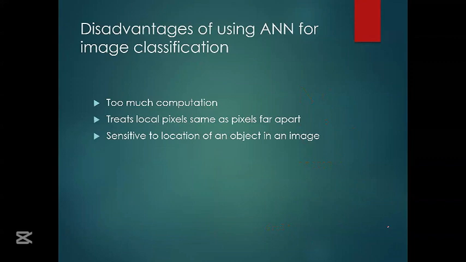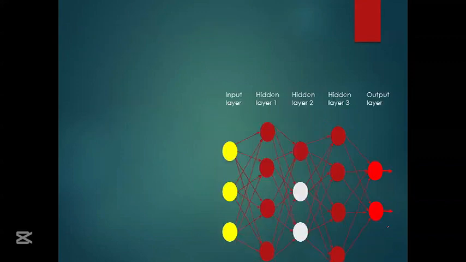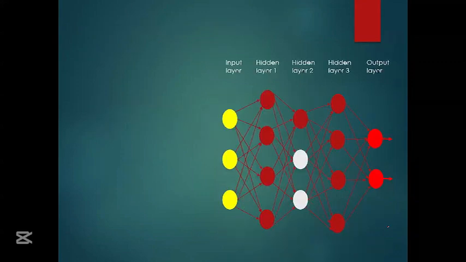Since this becomes a challenge when we use the artificial neural network, the researchers started finding a method to reduce this number of pixels, right?